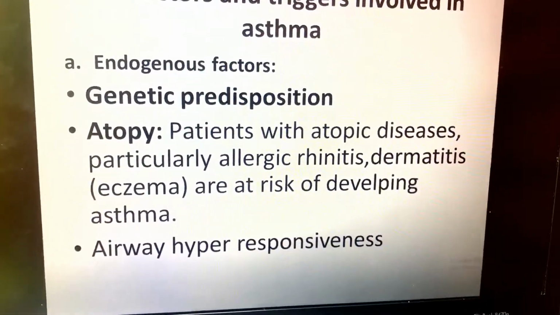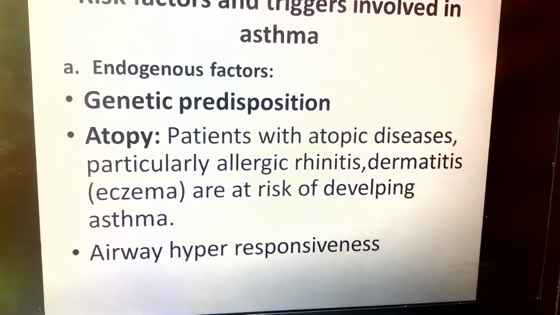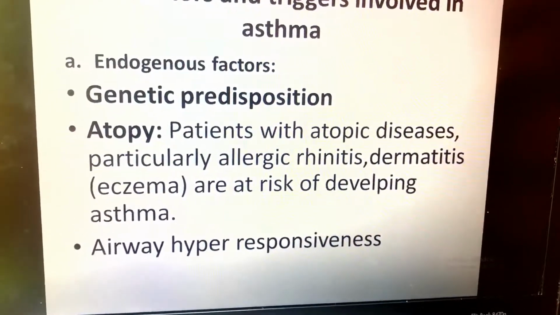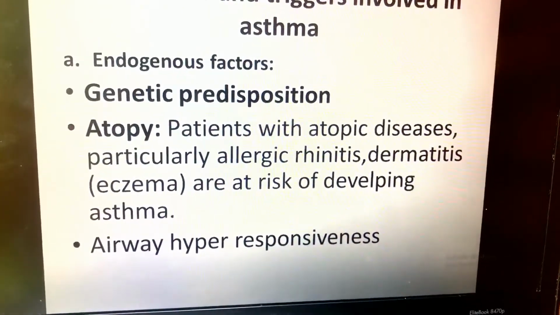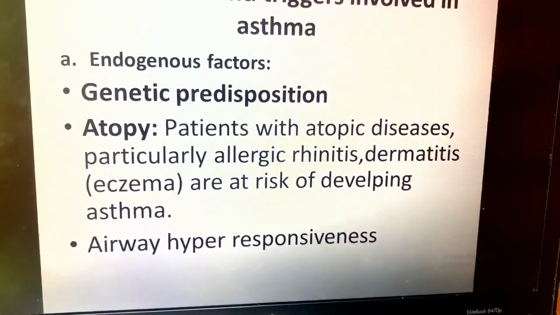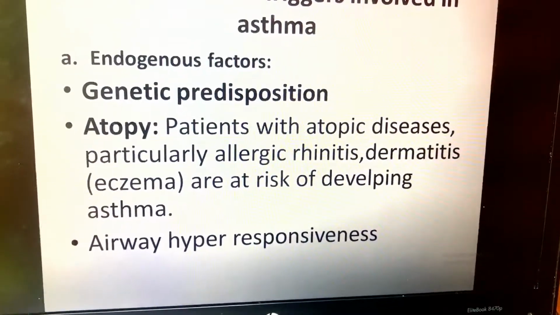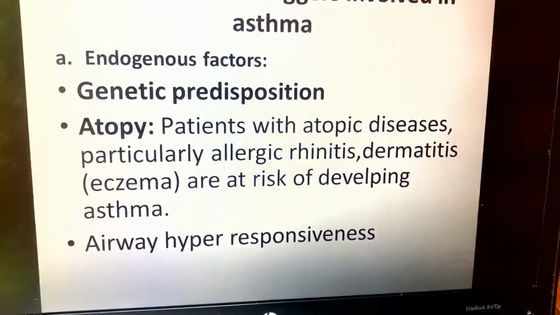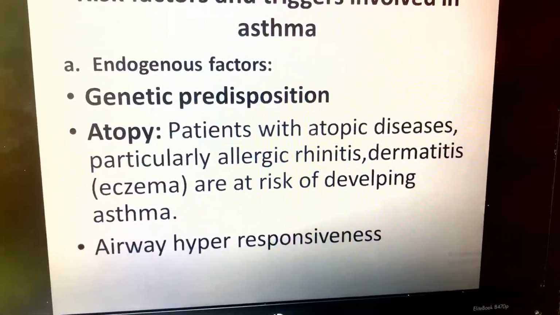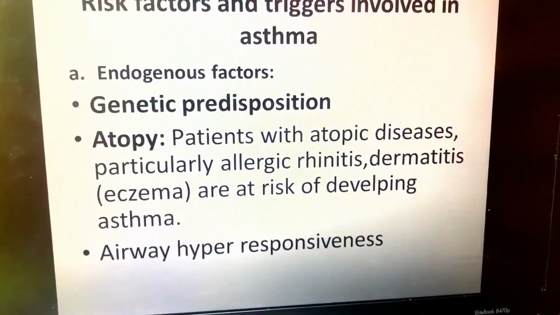Also, we have airway hyper-responsiveness. When we say hyper-responsiveness, it is hypersensitivity. Hypersensitivity means that when the bronchi sense the allergen, the allergen is the particular thing that can cause hypersensitivity of the bronchi.